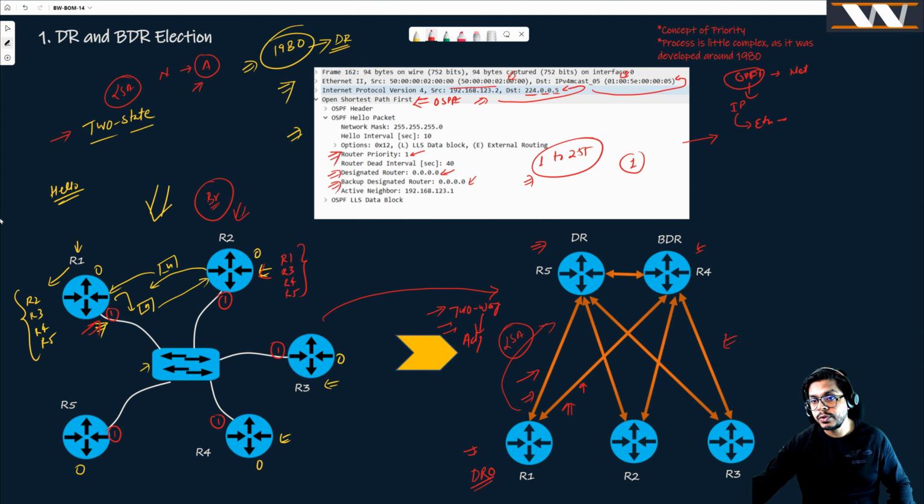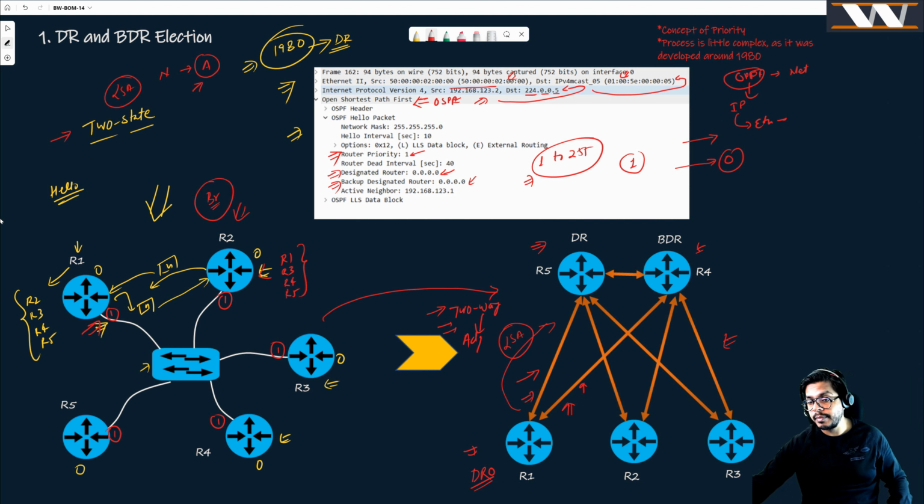But if you do not want a particular router to take part in this election process, then you can specifically configure the priority value as 0. 0 means this router is not going to take part in the DR BDR election process, and that is why the default value is 1.